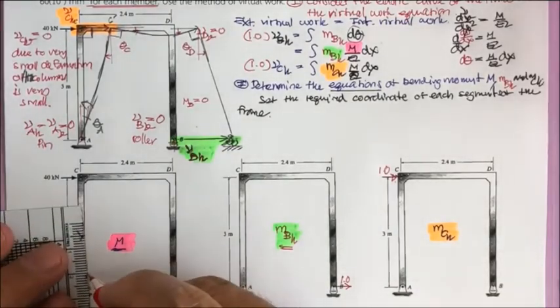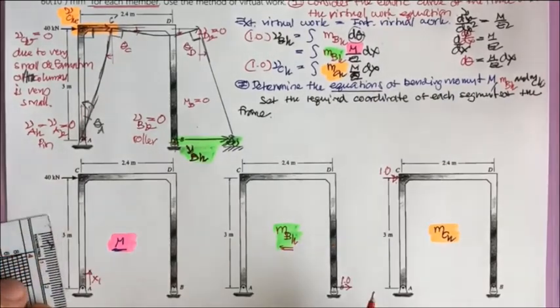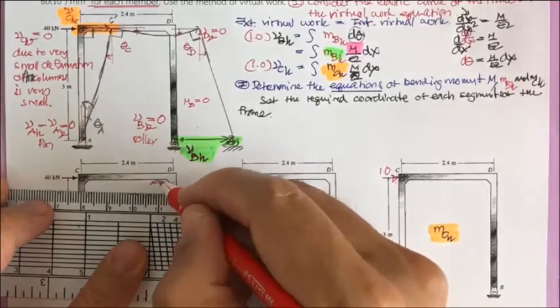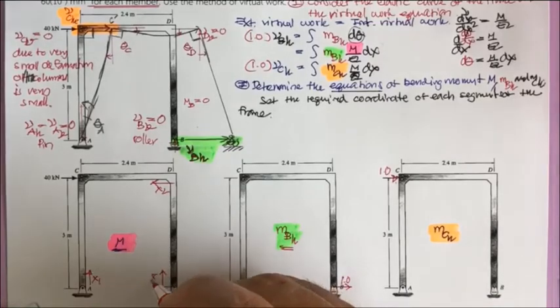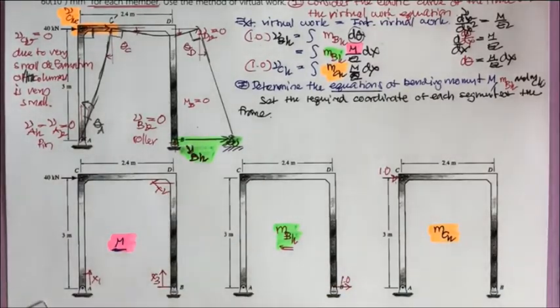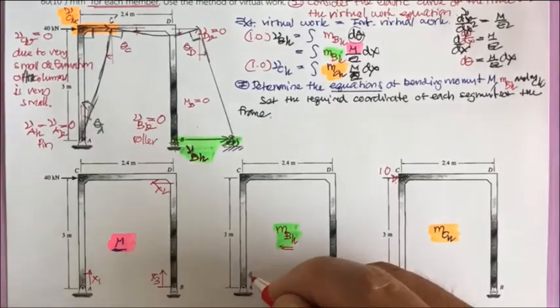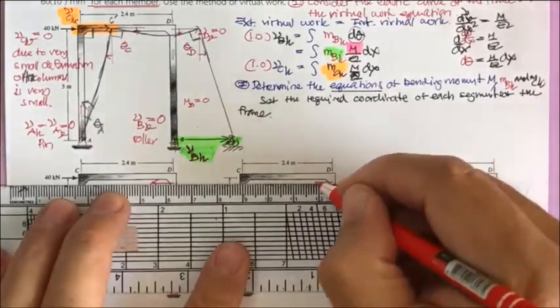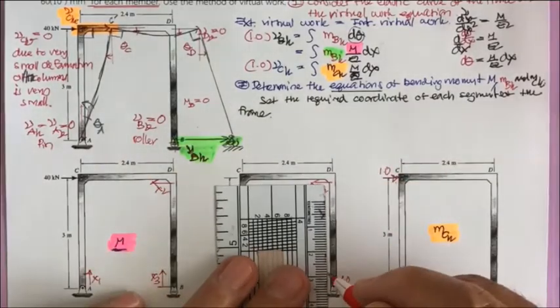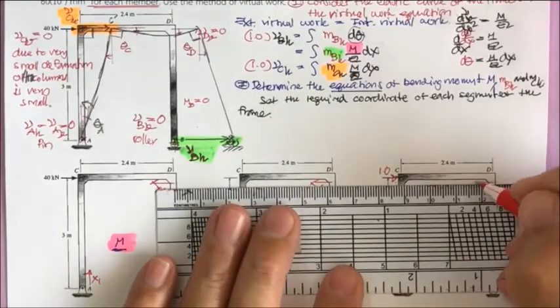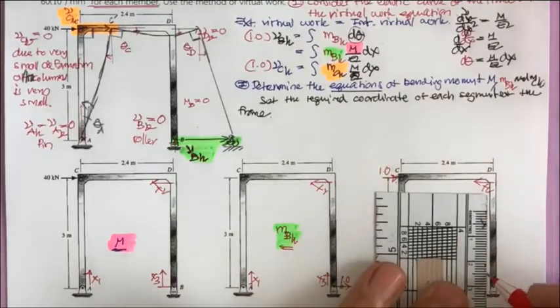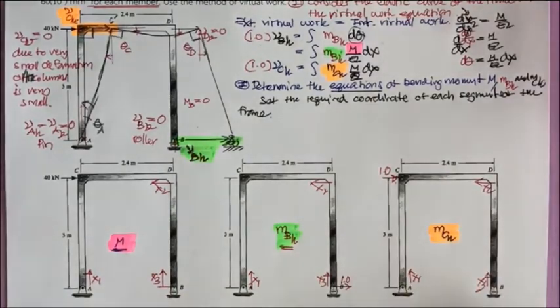Let me set this one as x1, this one as x2, and this one as x3. Actually, we can set anything we like, but whatever setup of x1, x2, and x3 you choose must be the same for every case. They must be the same. Then we are ready to determine this one.